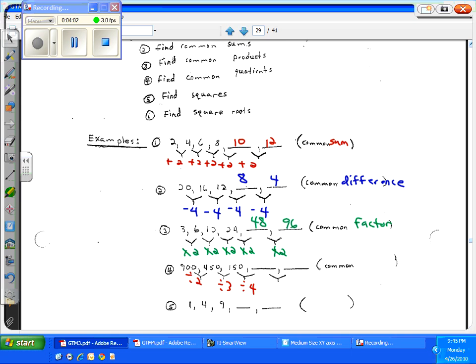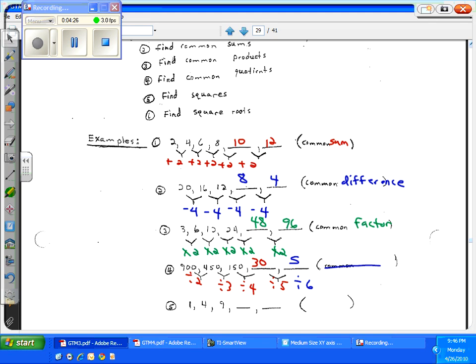It's a divisor that you can see a pattern in. And so we could then divide by 5, and 150 divided by 5 would be 30. And then we would continue the pattern by dividing by 6, and 30 divided by 6 is 5.